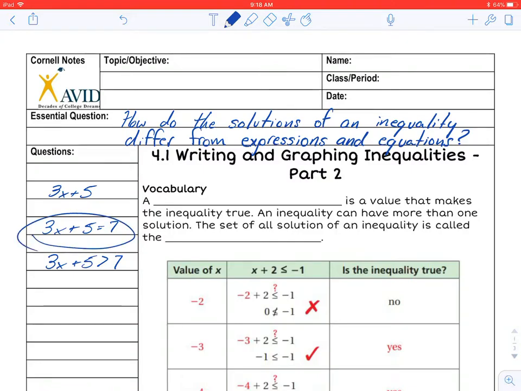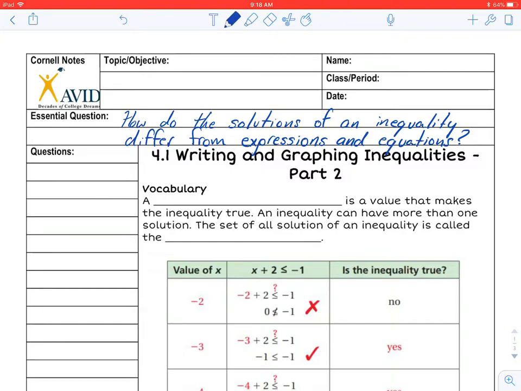Whereas in the equation, 3x plus 5 equals 7, the only answer that x can be is 2/3. We'll go over that kind of stuff a little later, but that is how expressions, equations and inequalities differ from one another. In an expression, 3x plus 5, we can't figure out what x is equal to. The only thing we can do is simplify it down to its simplest terms by adding the like terms.